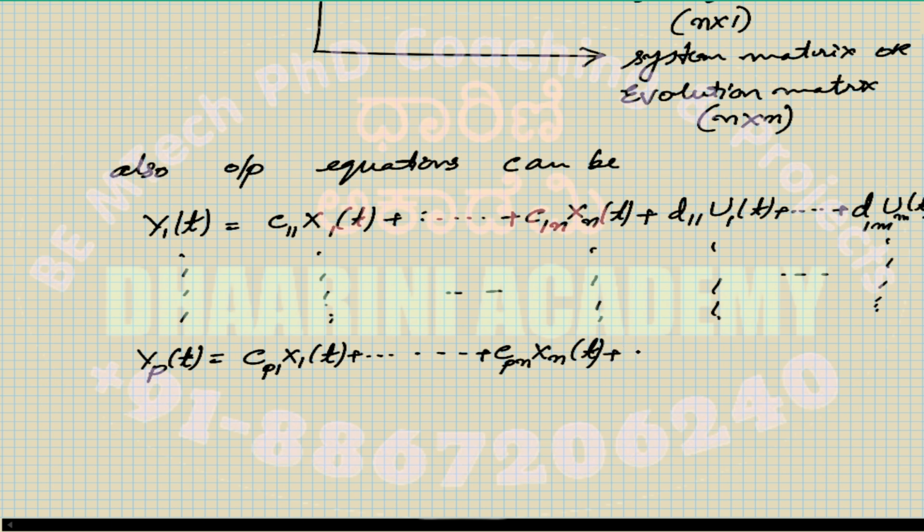The d becomes dp1. This is dp1 into u1 of t, and the last one becomes dpm into um of t. So these are the equations, right?